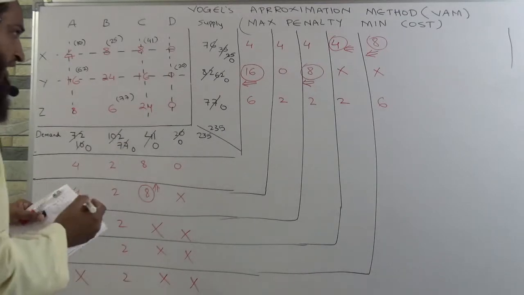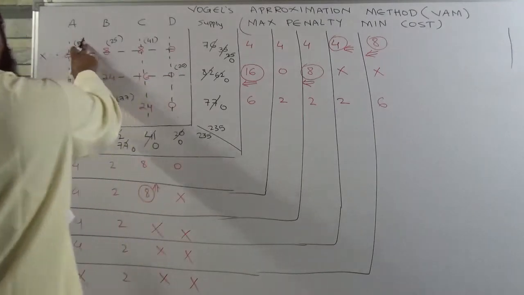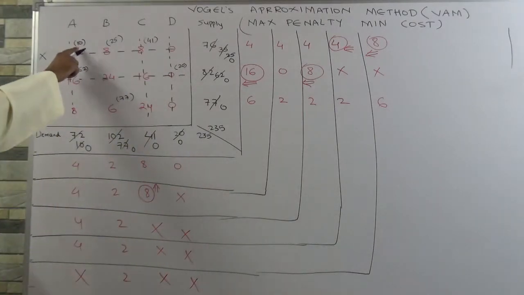Now find the transportation cost. So what do you have as the transportation cost? You multiply the allocation with the unit price and find the summation.